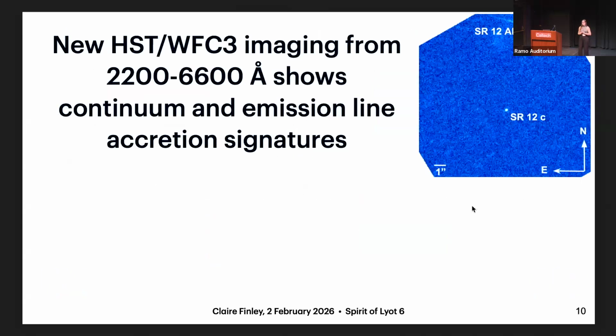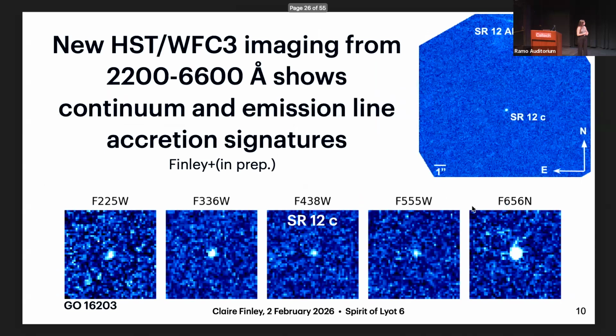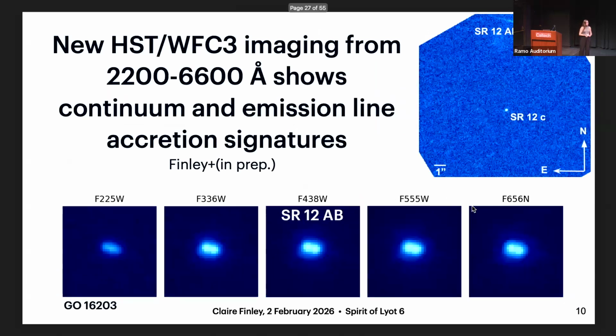To address the former, I present here new HST WFC3 imaging from about 2200 to 6600 angstroms. We recover the companion in all 5 filters that we image in, so the first 4 indicate an excess of continuum emission, and then the last filter shows H-alpha emission in the F656N filter. We also marginally resolve the host binary in all filters, and we use this to constrain interstellar extinction to the system.